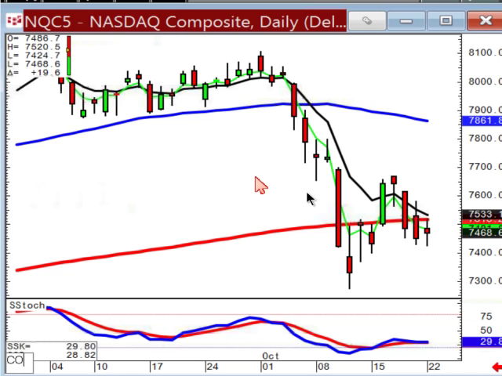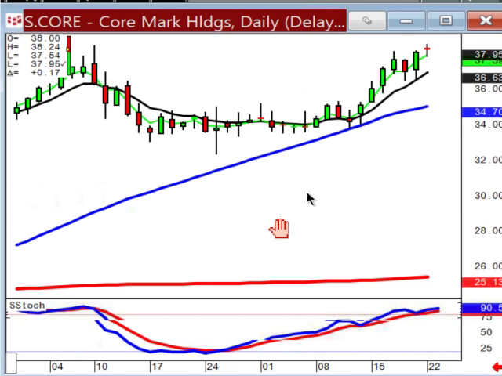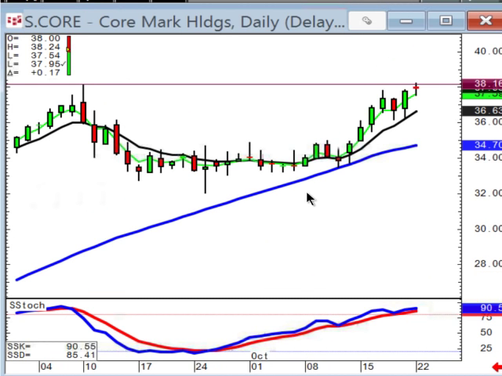So back to core. Fry pan bottom, doji. Yeah, I would.